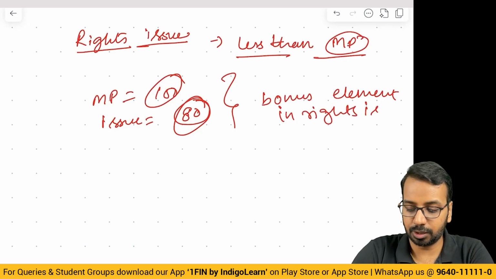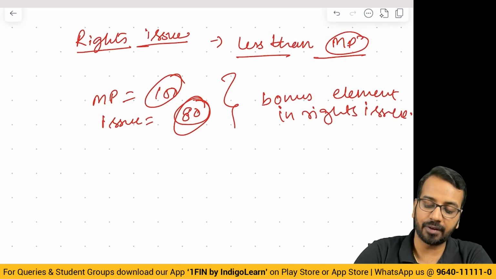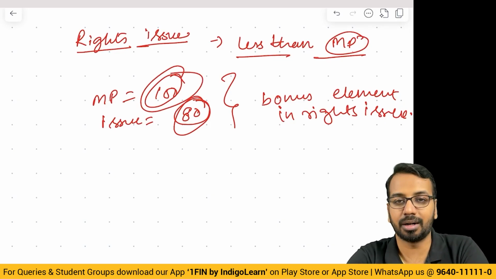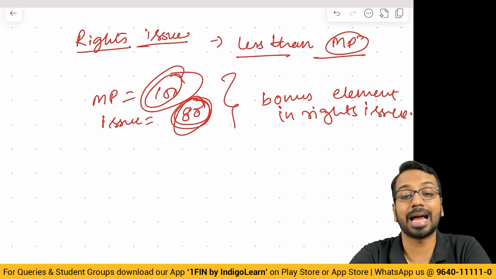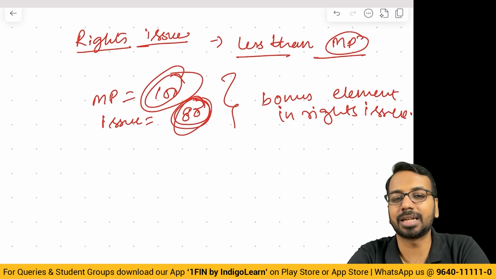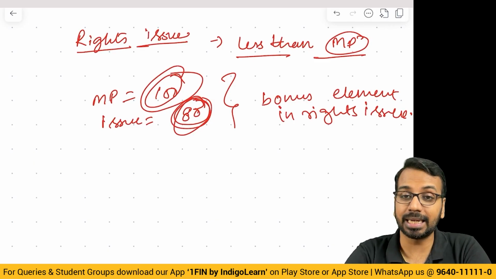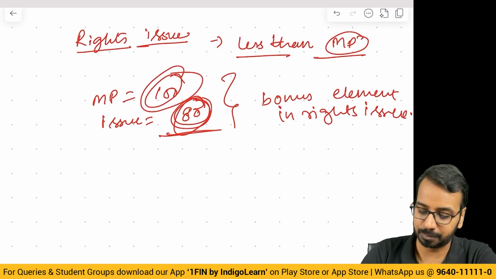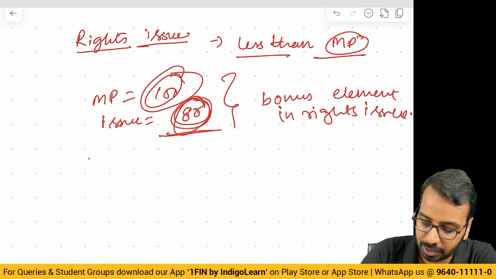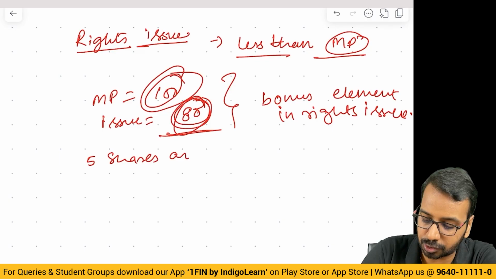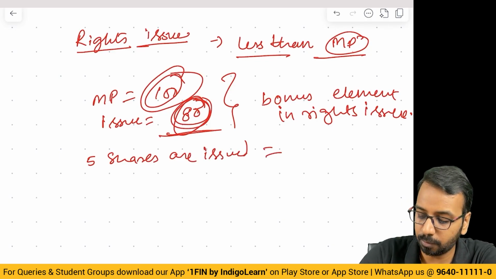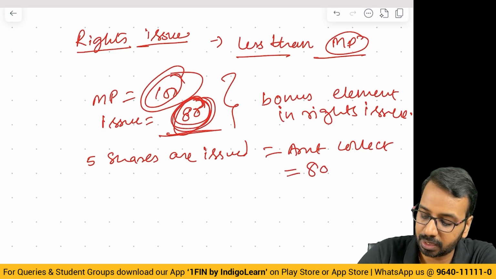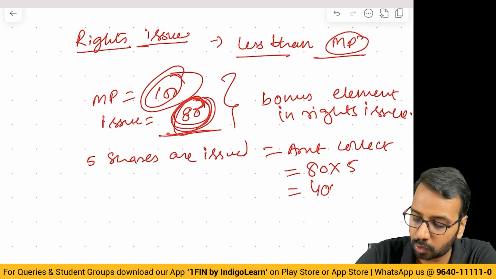in rights issue. Meaning to say, if I had gone to the market, and if I had issued the shares, I could have issued at 100. But to my existing shareholders, I am collecting only 80. Now, if I am collecting only 80, I am giving some shares notionally for free. For example, if 5 shares are issued in rights, so amount collected is how much? 80 multiplied by 5, that is 400.